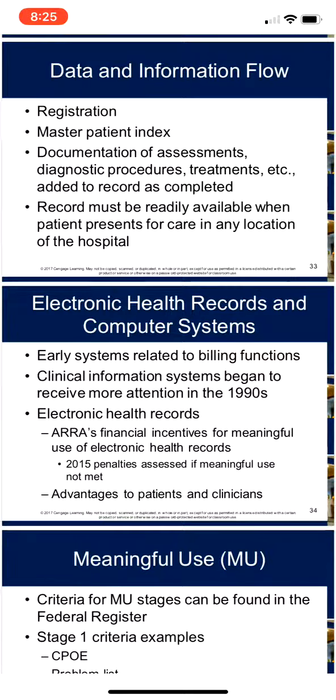In 2009, Congress passed the American Recovery and Reinvestment Act, and it included a Medicare and Medicaid incentive program for healthcare providers who demonstrate the ability to meaningfully use an EHR.